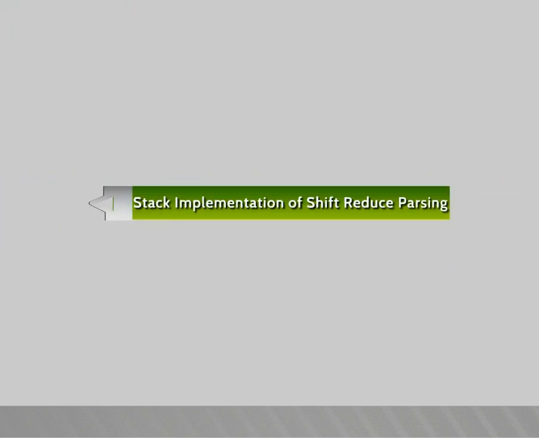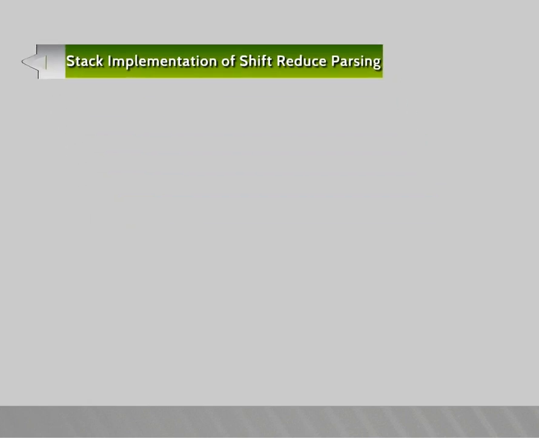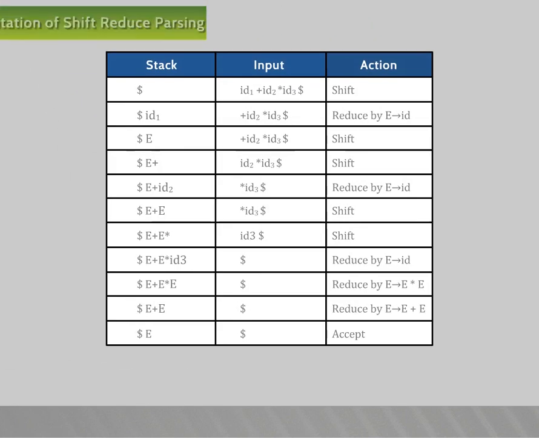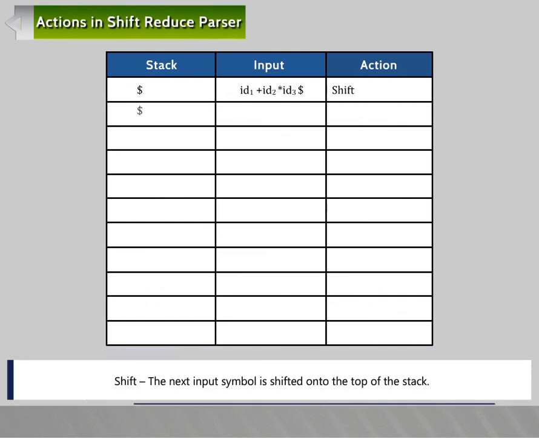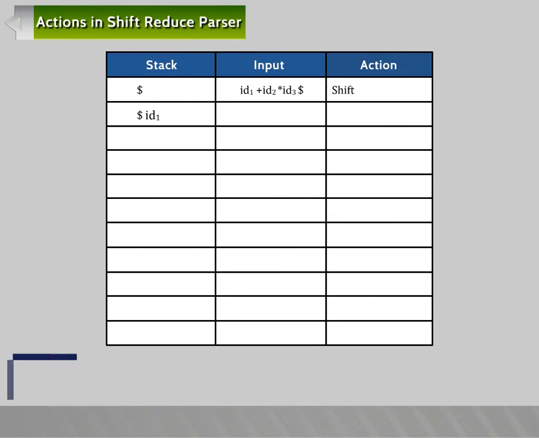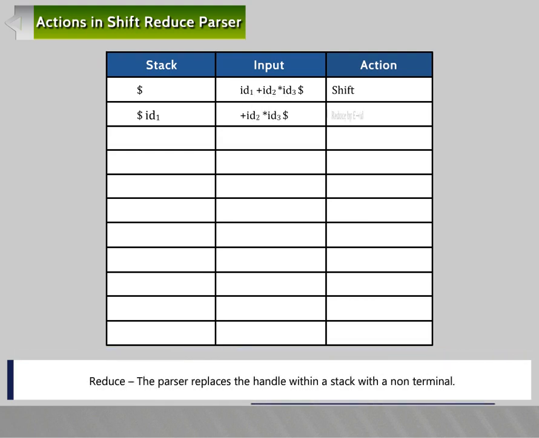Stack implementation of shift-reduce parsing. Actions in shift-reduce parser. Shift: the next input symbol is shifted onto the top of the stack. Reduce: the parser replaces the handle within the stack with a non-terminal.